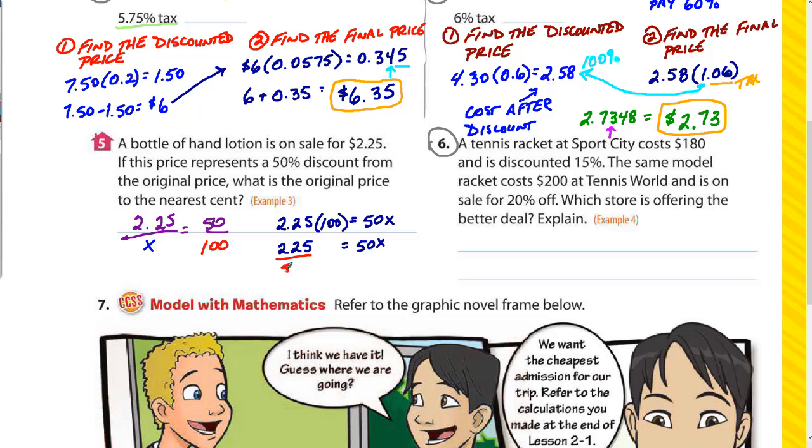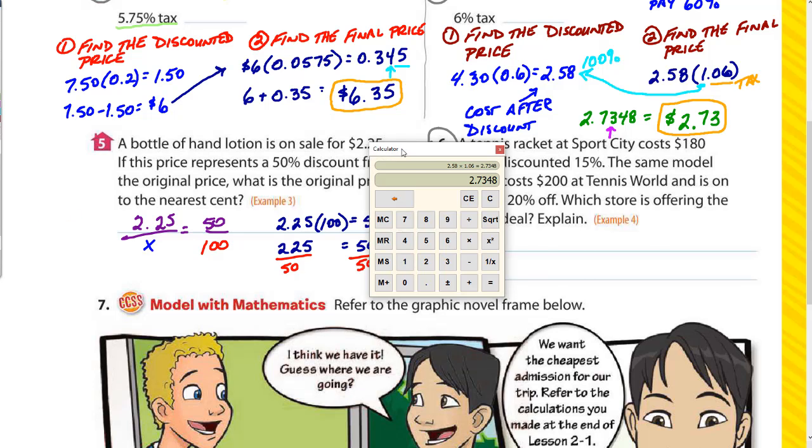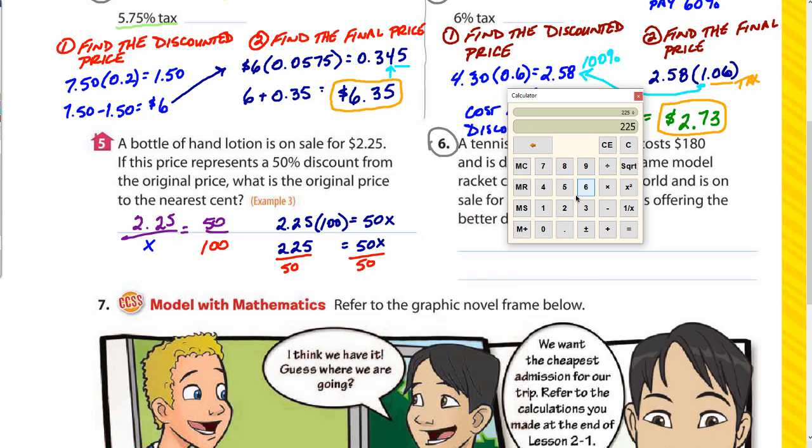I divide that by 50, and I divide that by 50. 225 divided by 50 is 4.5 for the value of x. The hand lotion original price equals $4.50.